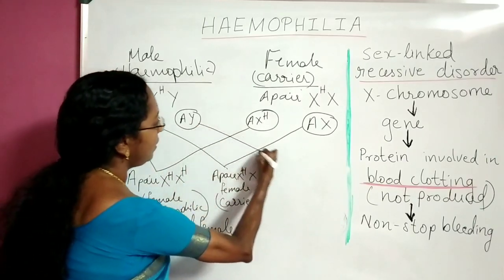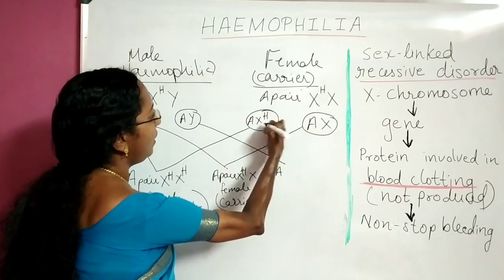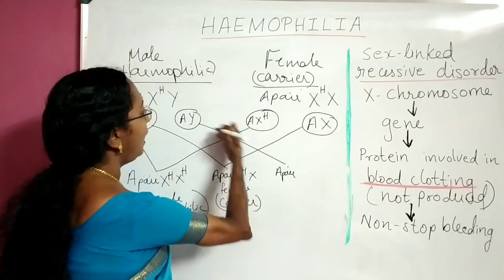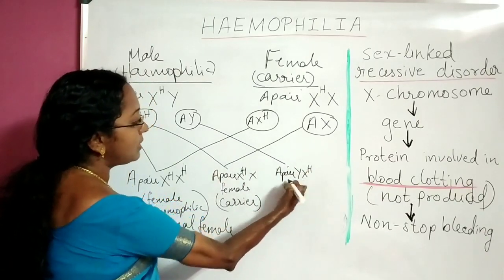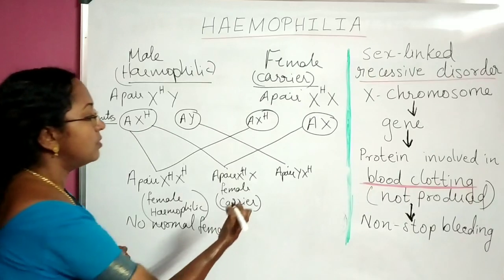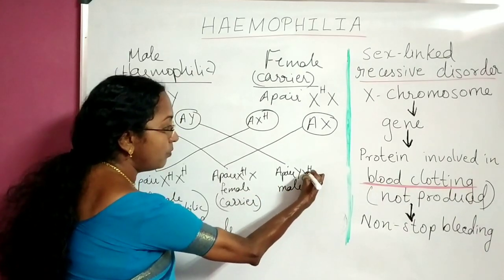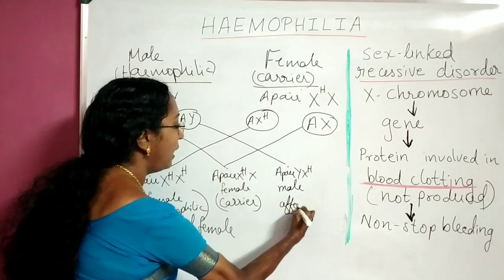Now here this gamete is going to fuse with the autosome. First this one, autosome pair and YXH. So X and Y chromosomes are coming. So this individual is going to be a male, and since X chromosome is affected, this male is also affected.